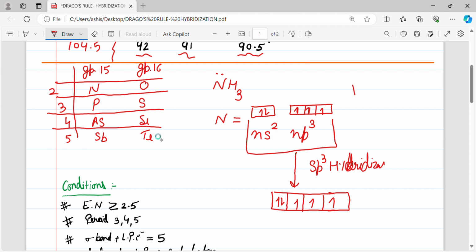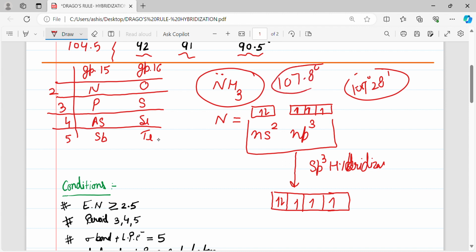In sp3 hybridization, generally the bond angle is 109 degrees 28 minutes. The bond angle of ammonia is approximately 107.8 degrees, so it is almost similar.